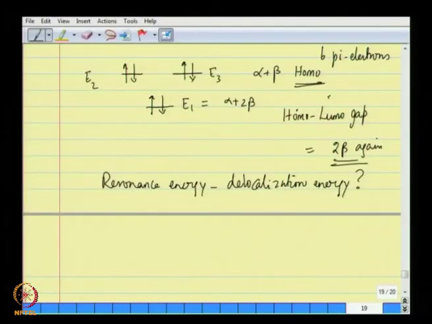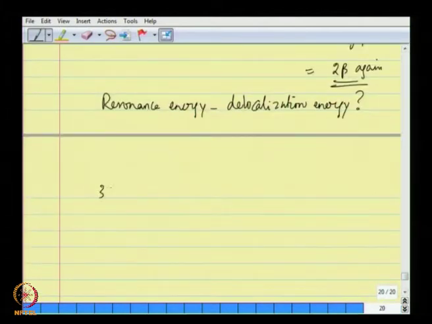In the case of ethylene, if you remember, 3 localized ethylene bonds give you 6 into alpha plus beta.